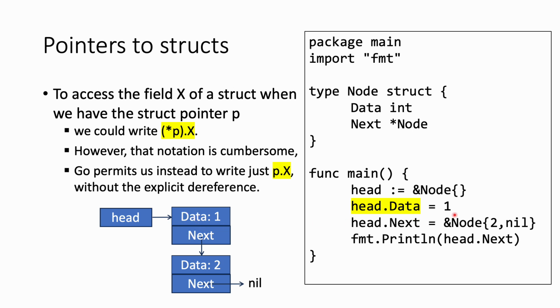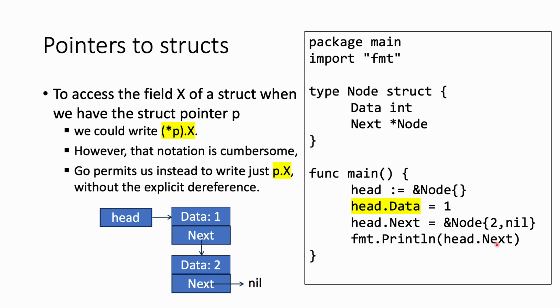So here we assign 1 to head.data. So it modifies the value of data in the first node from 0 to 1. And then we assign head.next to another node which has value 2 for the data field and value nil for the next field.